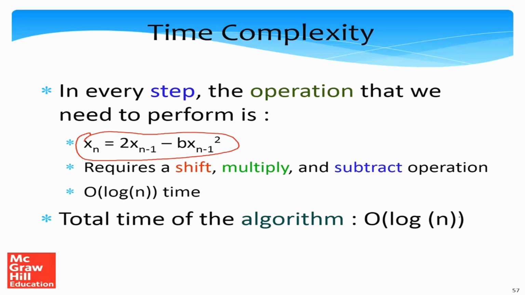So the total time of the algorithm is order of log n for each step multiplied with log n steps, which is order of log n whole square. All right, so this is the time. So it's the same as the Goldschmidt algorithm in that sense.